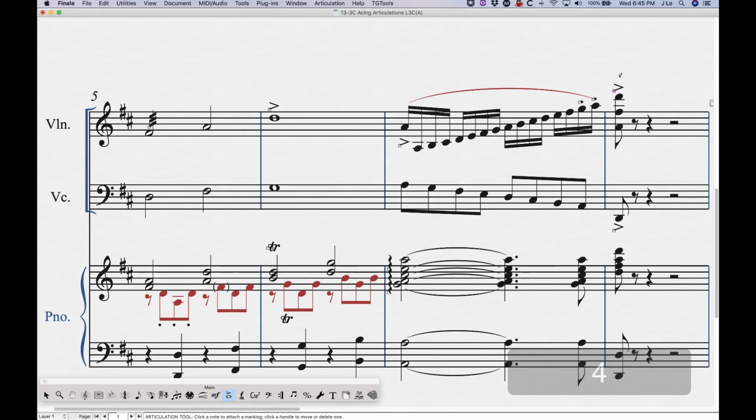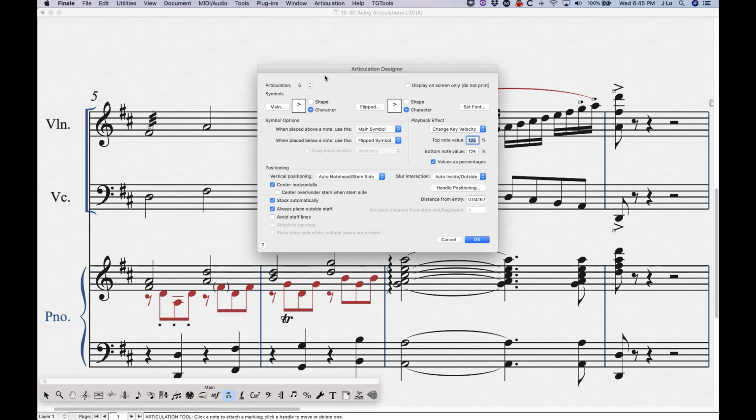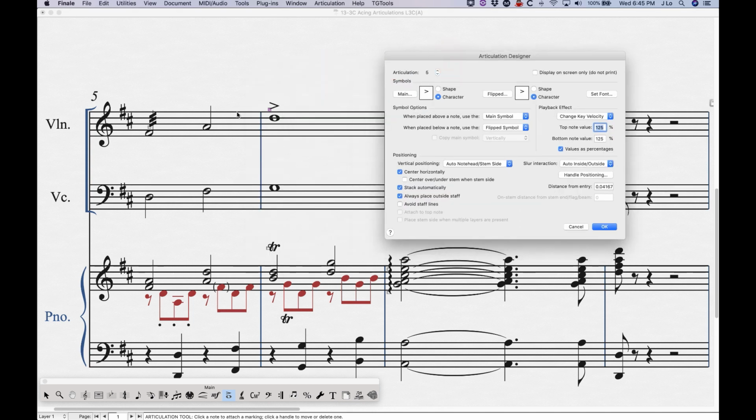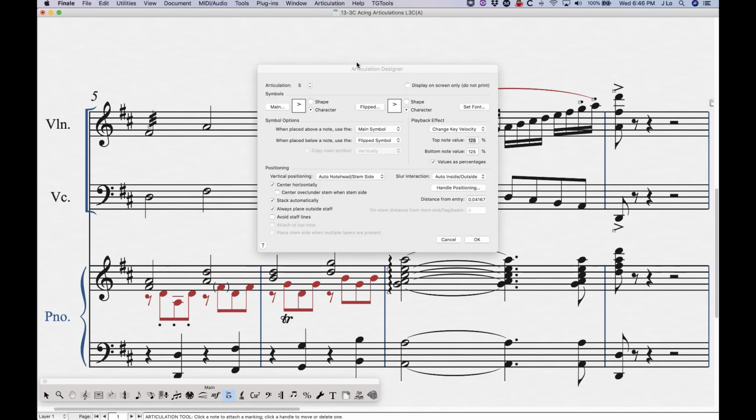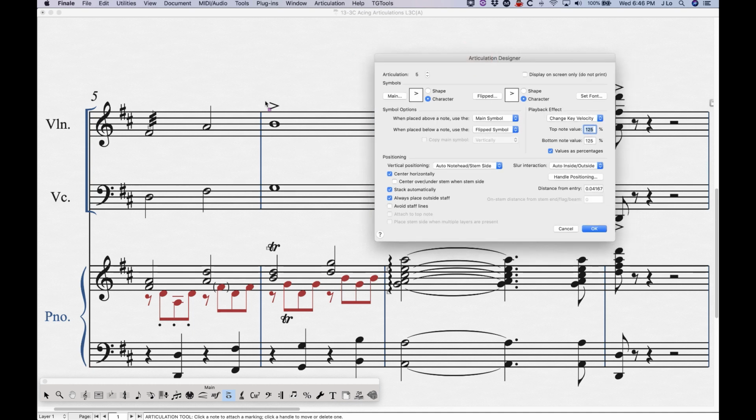Now, there is a special situation where you have articulations that are set to always place outside staff, like we do right here. There's something that happens here because sometimes, and in this case, this is another case, but let me make this a little bit more so if we move this note down a little bit, you can see that now the distance between the entry, the note in this case, and the articulation far exceeds the distance from entry, right?